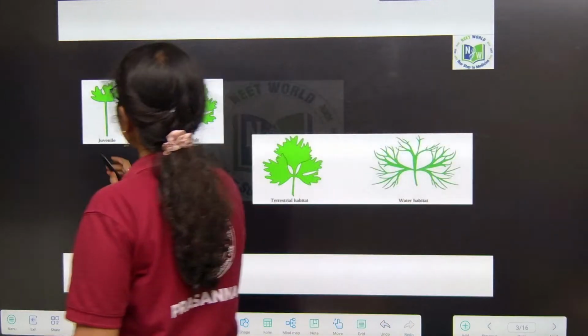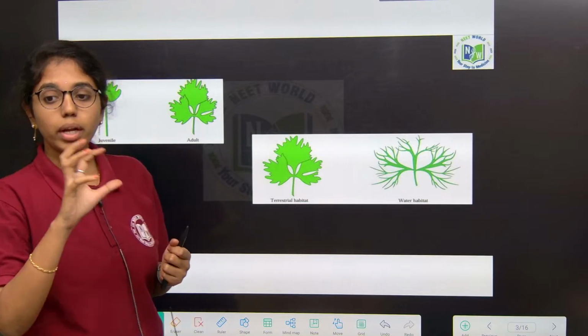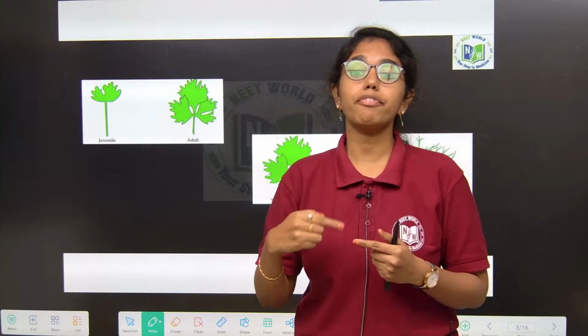Now, development will be on different patterns. A plant undergoing different stages of life will respond differently to different environmental conditions and phases of growth. The same plant will show different structures, responding to the environment or phases of life. That is called what? Plasticity.